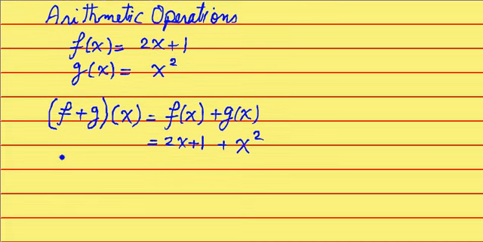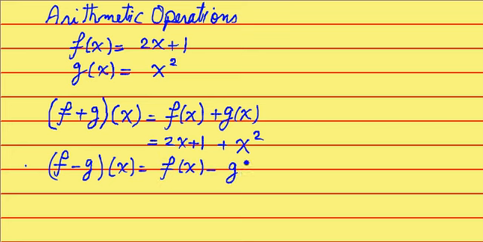What if you wanted to subtract two functions? Well, there's nothing particularly exciting about this. You're going to subtract them. So that's going to be 2x plus 1 minus x squared.